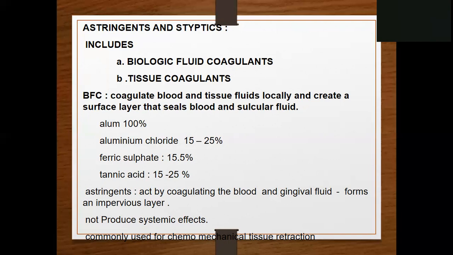The various coagulants are alum 100%, aluminium chloride 15 to 25%, ferric sulfate 15.5%, and tannic acid 15 to 25%. Their action is by coagulating the blood and the GCF, and they form an impervious layer. They are not contraindicated in systemic conditions, and they are commonly used for chemico-mechanical tissue retraction.